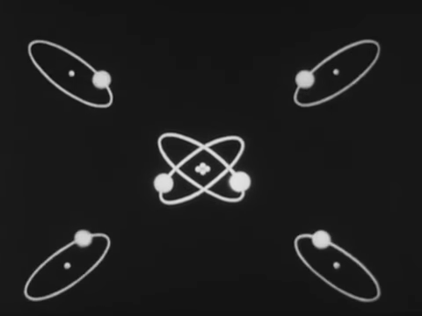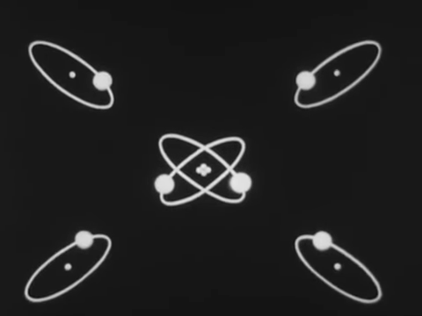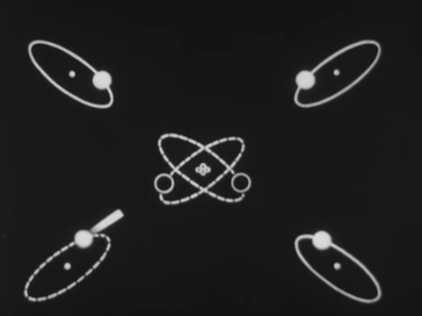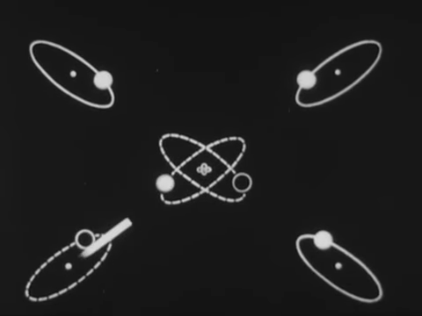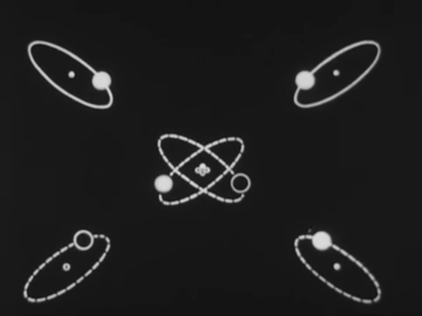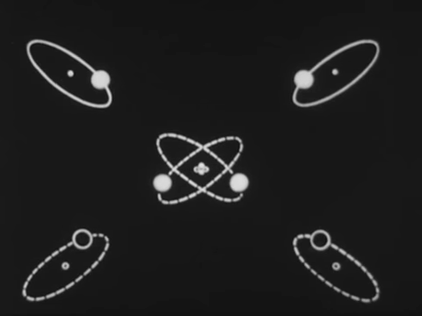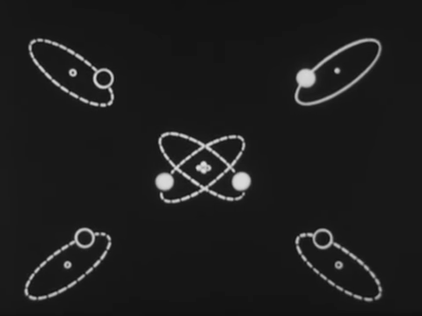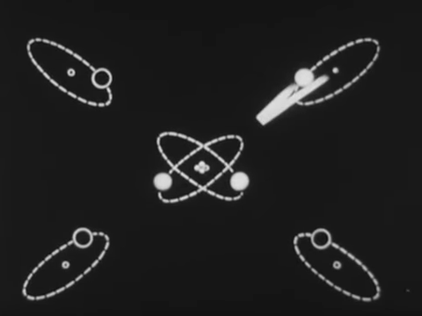Now let's look at one helium atom together with four hydrogen atoms. Notice that the four hydrogen atoms contain all the parts needed for one helium atom: an electron and a proton, an electron and a proton, and an electron combination to form one neutron, and another such combination to form a second neutron.